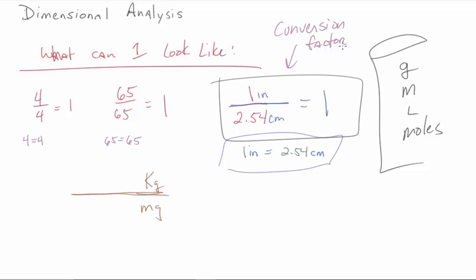They have to be able to simplify to 1. A conversion factor is something I'm going to use in my conversions, but it itself simplifies down to 1. So I want to turn this into a conversion factor. Well, if I look at my units, I've got kilo, which I know is 10 to the third, and then I've got milli, which is 10 to the negative third.